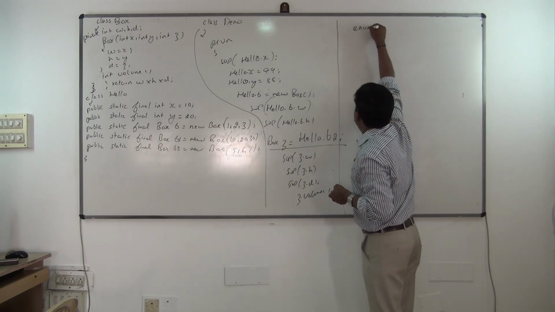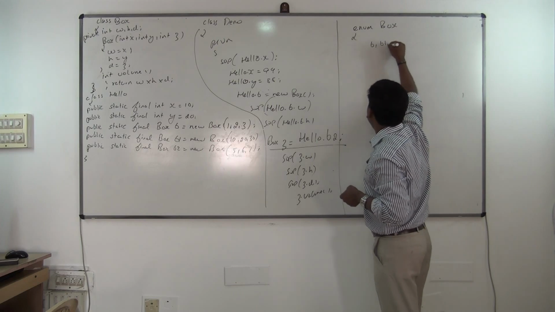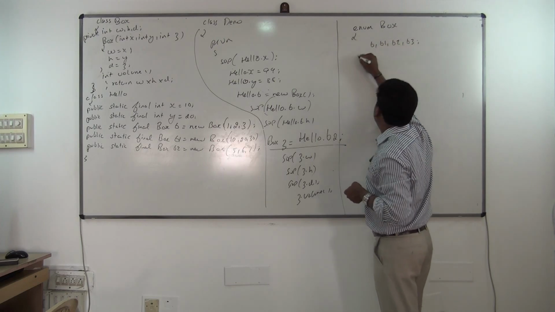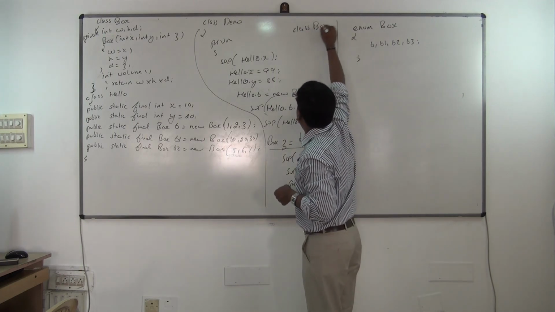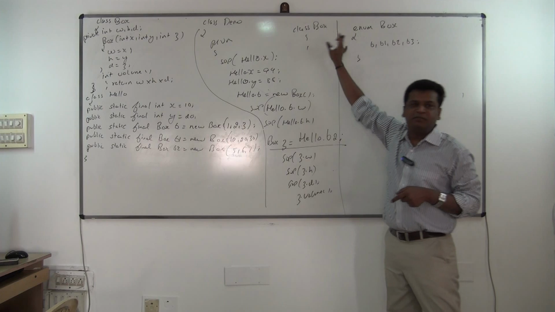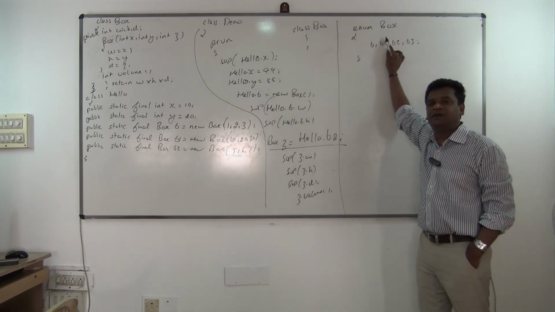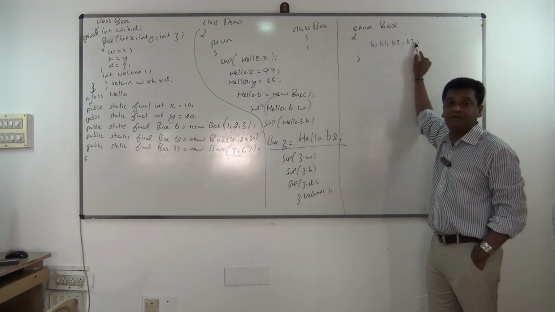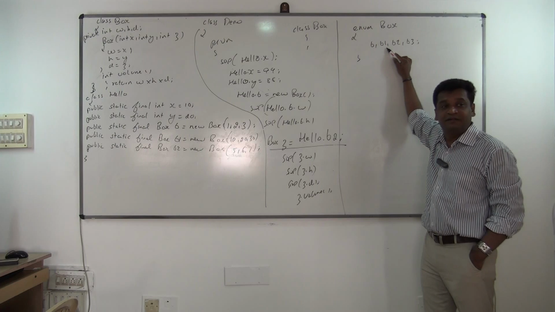So I'll write enum Box { B, B1, B2, B3 }. Now this is similar. Earlier I had written a class Box without any members. This is similar to that. You have written an enum, and the different constants available in this enum are B, B1, B2, B3. So B, B1, B2, B3 are constants of Box type.